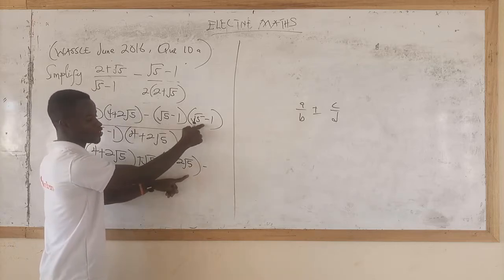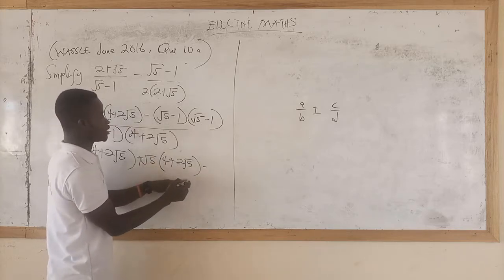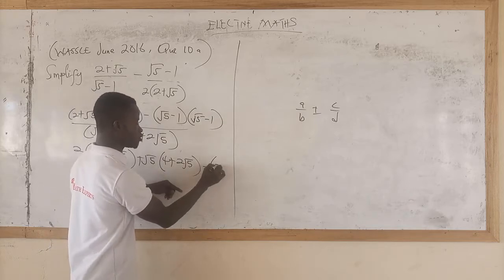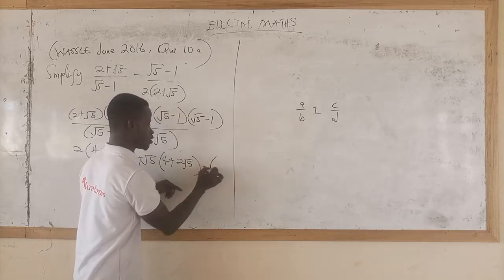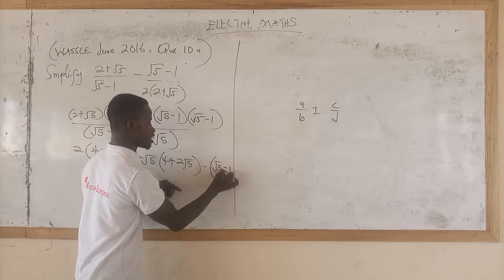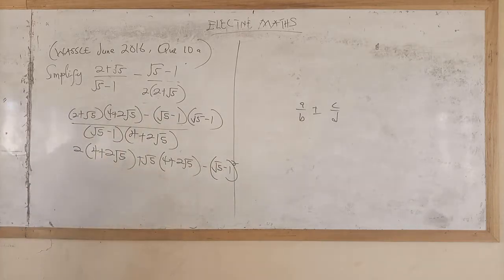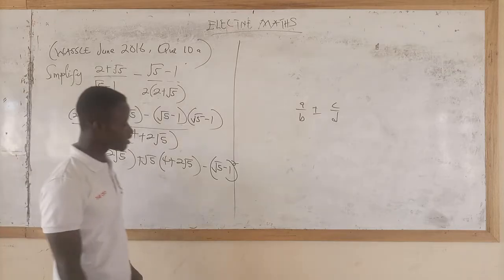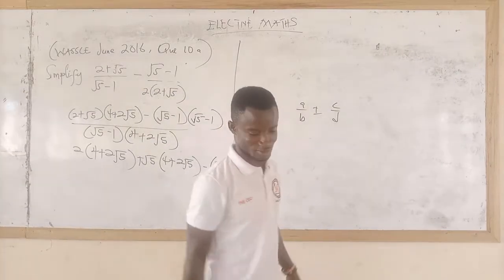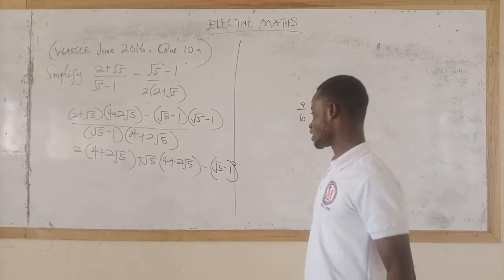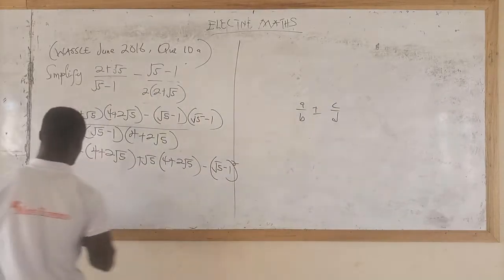What is here is the same thing here. So it's the same as square root of 5 minus 1 squared. You see that? So now let's move on.